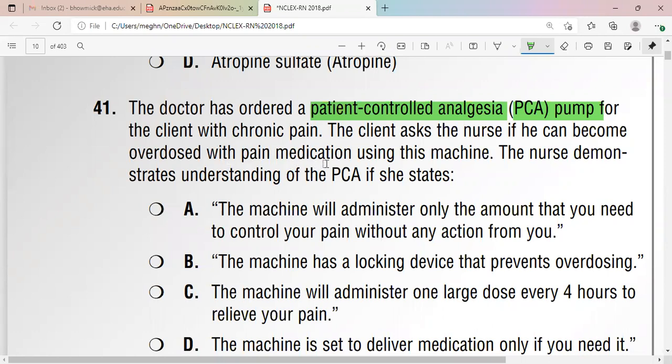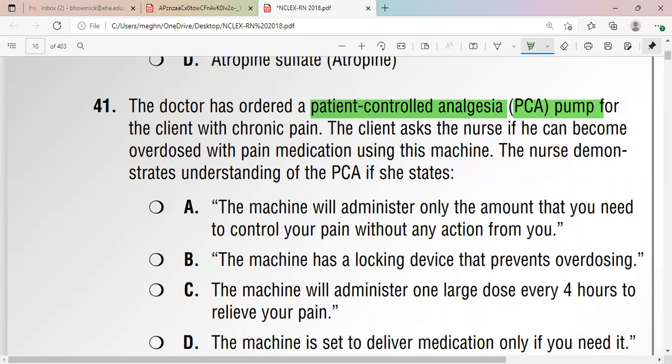with the pain medications using this machine. The nurse demonstrates understanding of the PCA if she says: So there are 4 options.